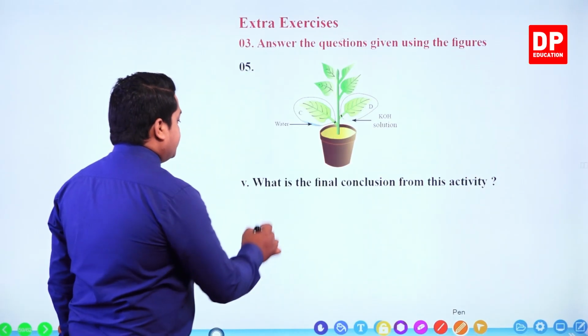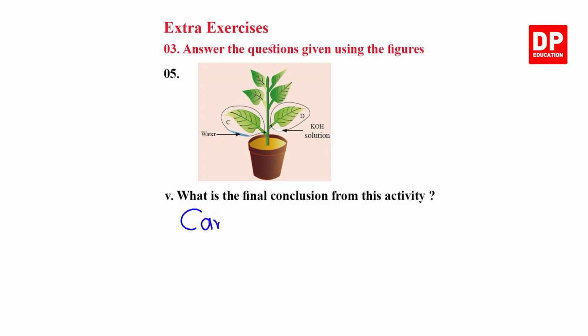So we can write: carbon dioxide is important for photosynthesis.